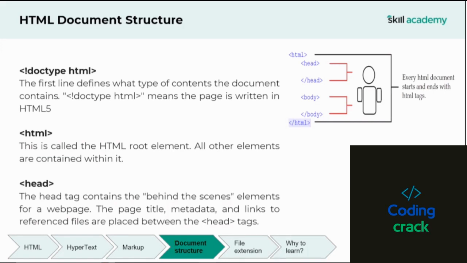So if you are using external CSS or any JavaScript file, those reference files we need to specify in the head tag. So guys, head tag we will be using for the title, and in future when we are using CSS and JavaScript, we are going to specify that reference file within this head tag.